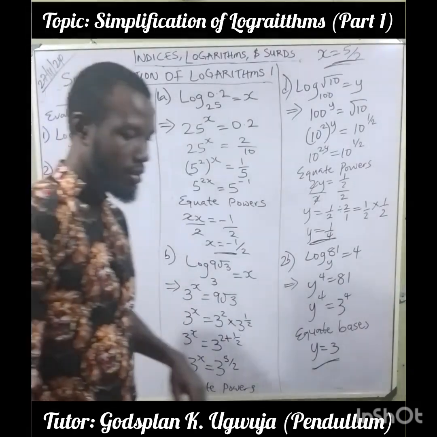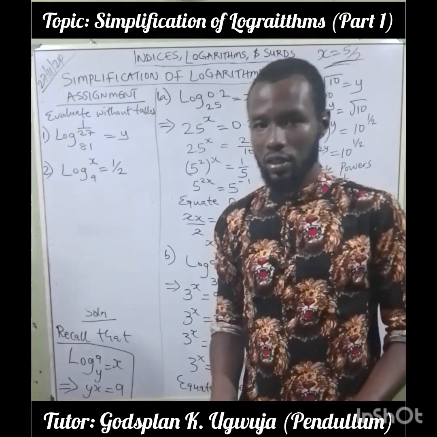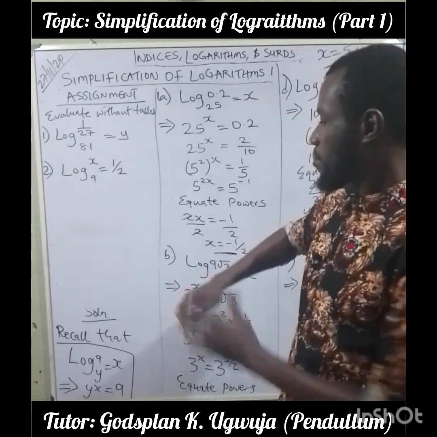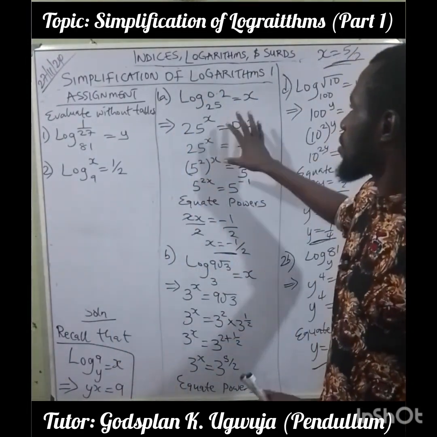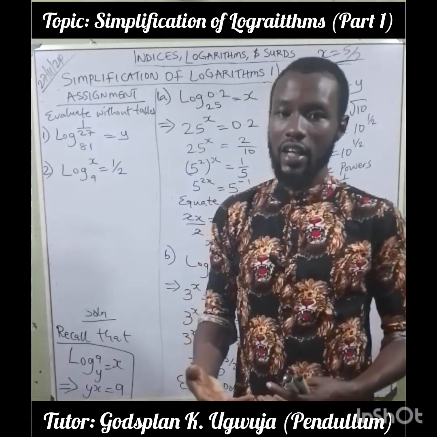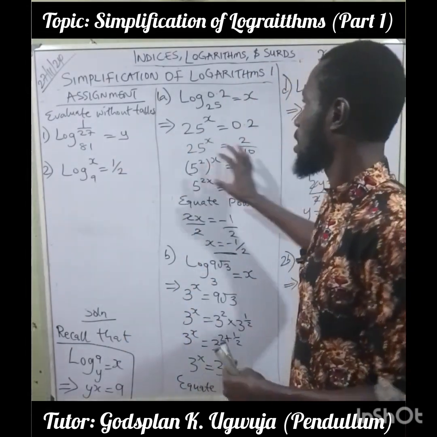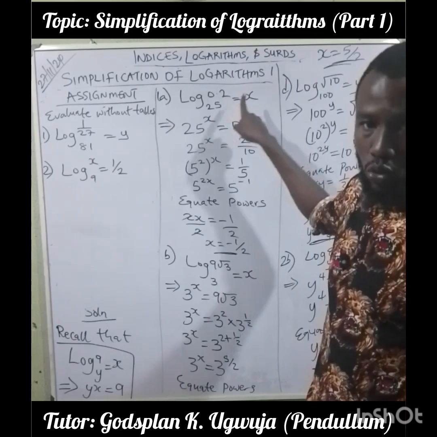Alright, so that's all for this video. It's a simple video, it's a simple process of simplifying logarithms by converting to indices. Alright, you mostly use this when you have just one logarithm to simplify. Alright, so just like in all these cases. But in the second video, we'll look at simplification of logarithms part 2.